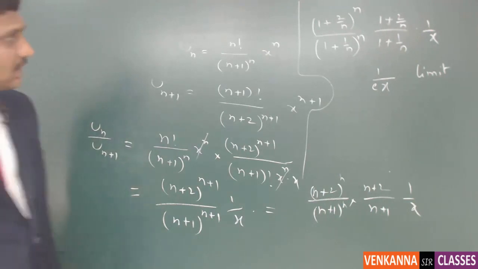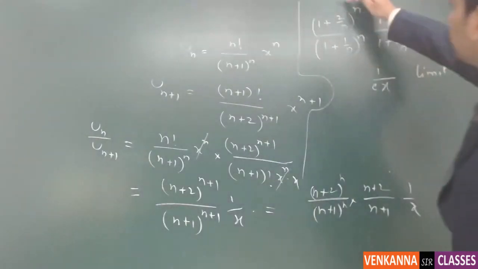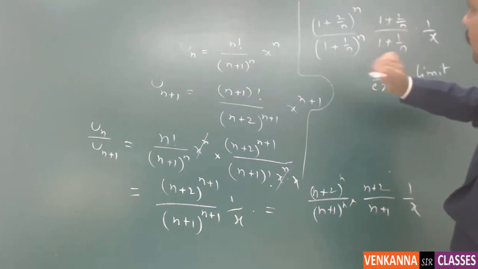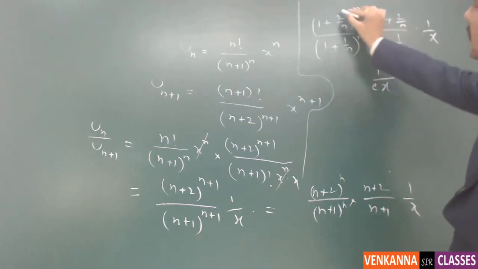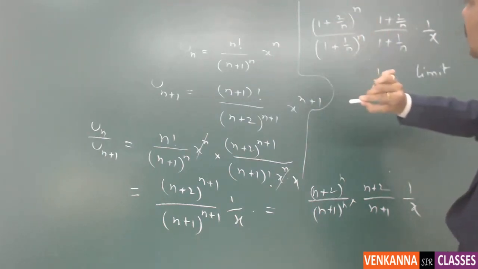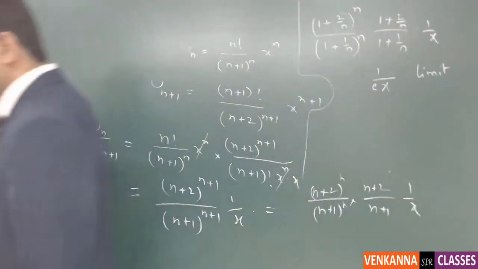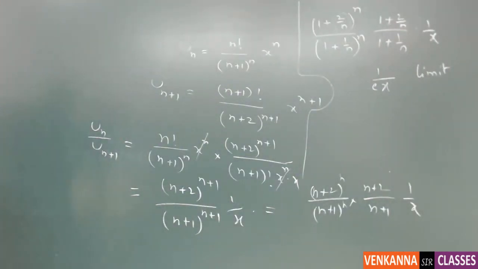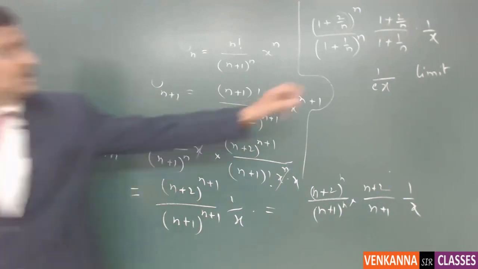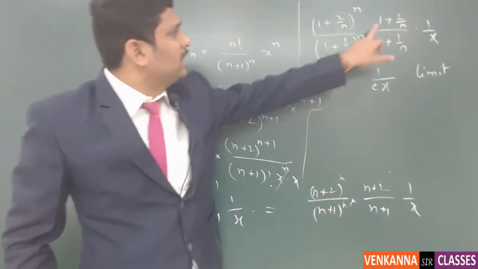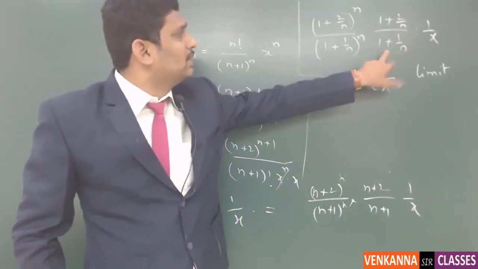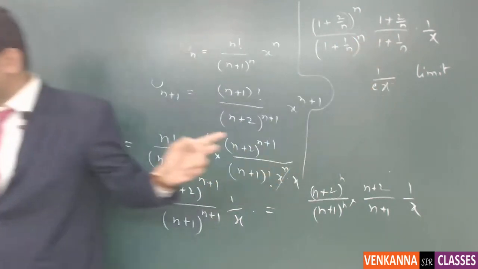So if you say this is 1 plus 2 by n whole power n, even though if you apply limit, this part will be 0, isn't it? So that's why this will be 1, this will be e, again 1, and this will be 1. So 1 by ex, I got like that.